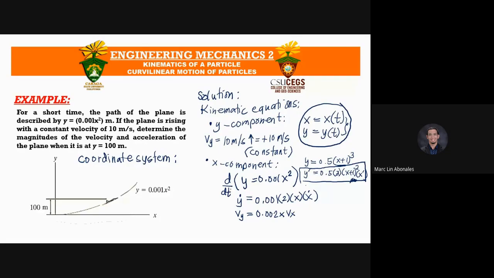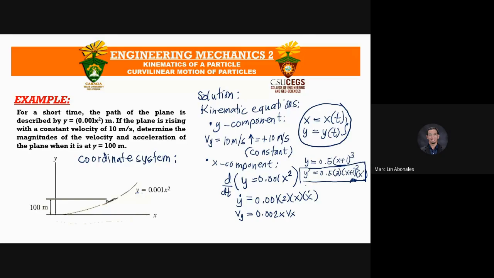Okay? We always consider it with respect to time. So for this one, we know Vy, that is 10. Vx is unknown, and x is unknown. Where do we get x? We get it from this equation.